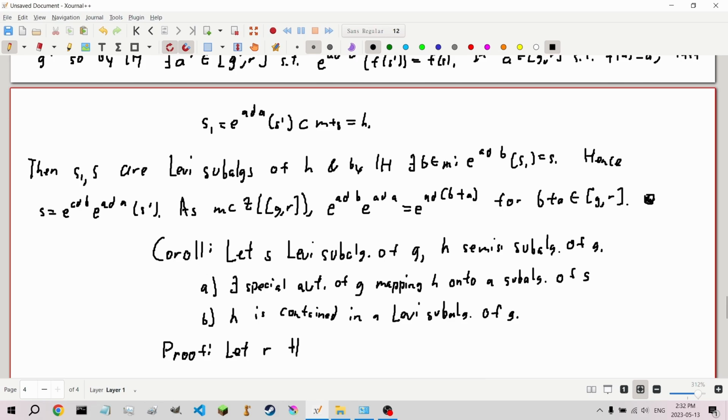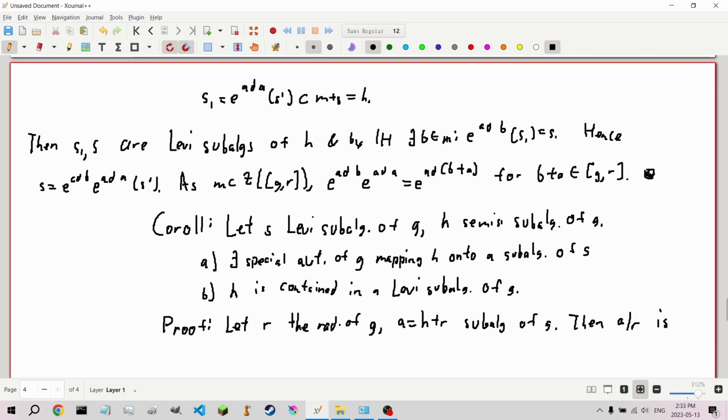And our proof. Let R be the radical of G. We're going to let A be equal to the sum of H and R, a subalgebra of G. Then A over R is semi-simple, and R is solvable.